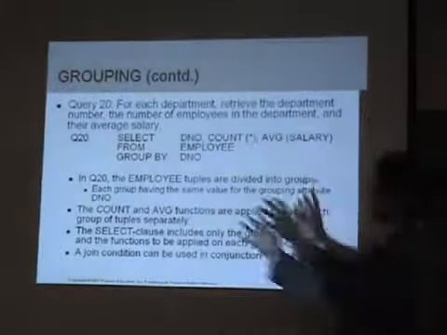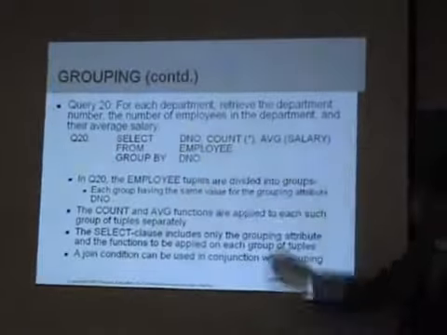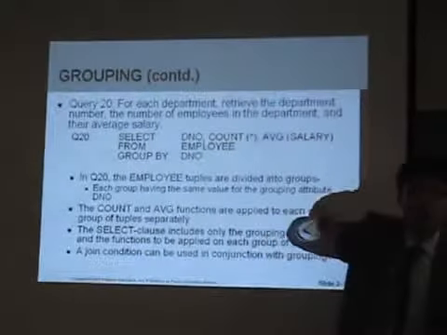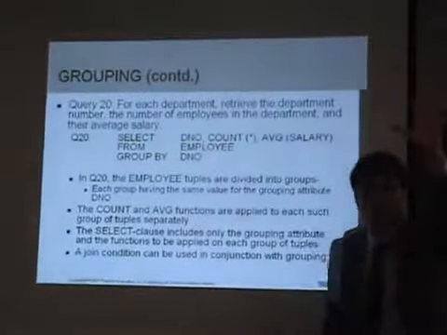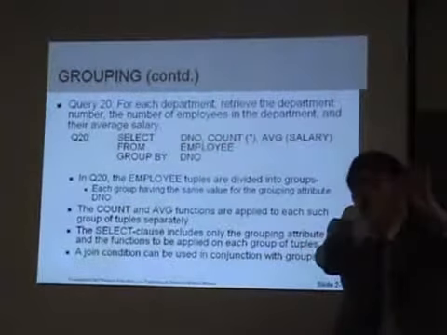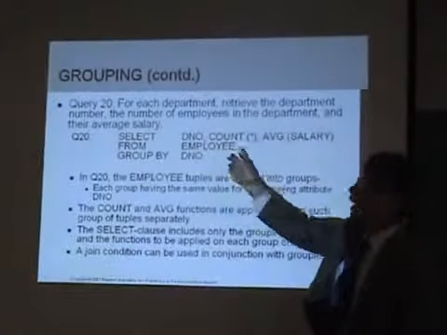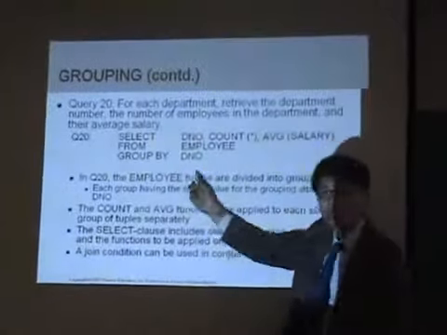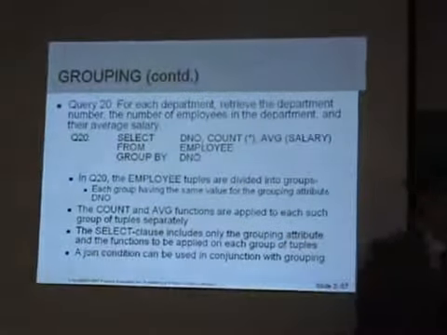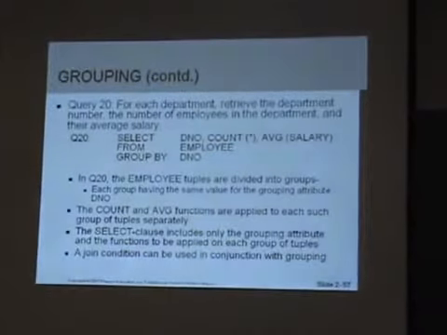First, you need to group employees by DNO. In this case, how many groups? We have 5 groups, 5 departments: 1, 2, 3, 4, 5. Then compute the count and the average salary for 1. Next, 2, 3. How many rows will be returned? 5, the same as the number of departments.